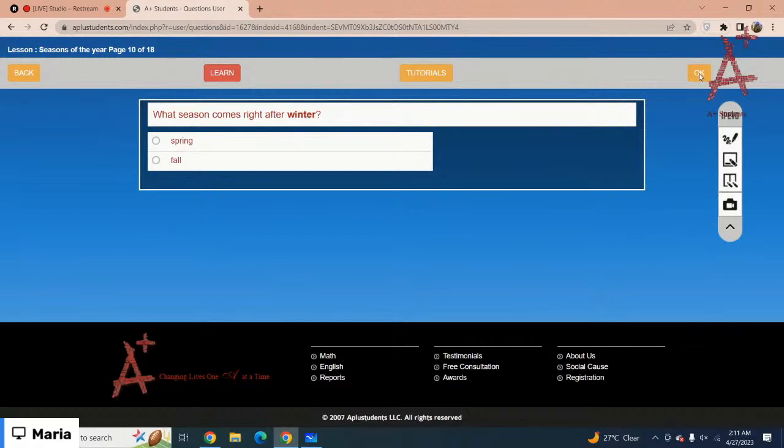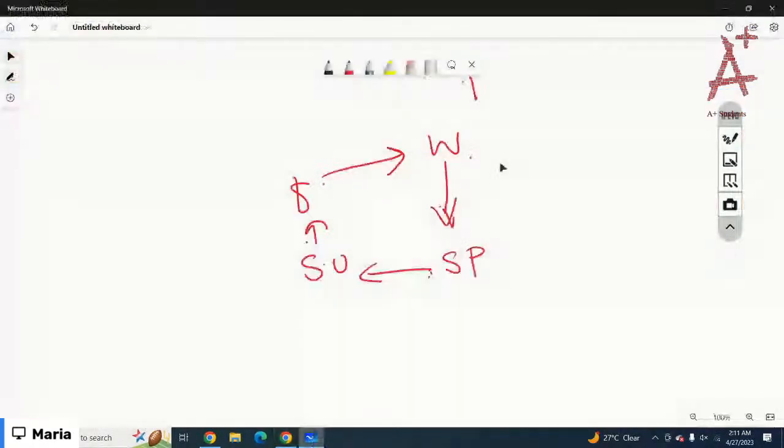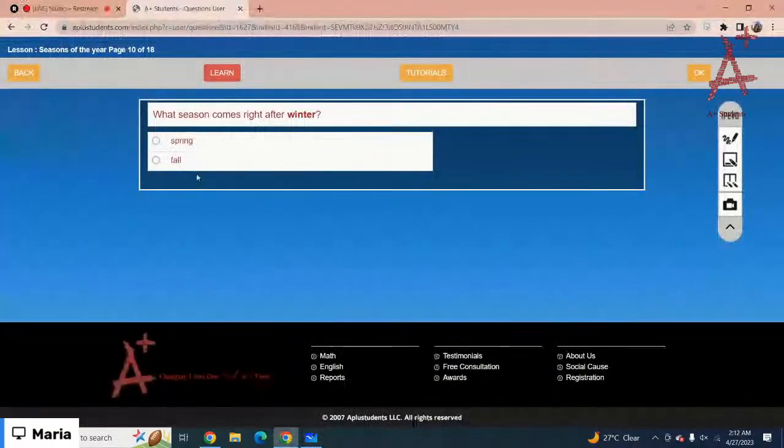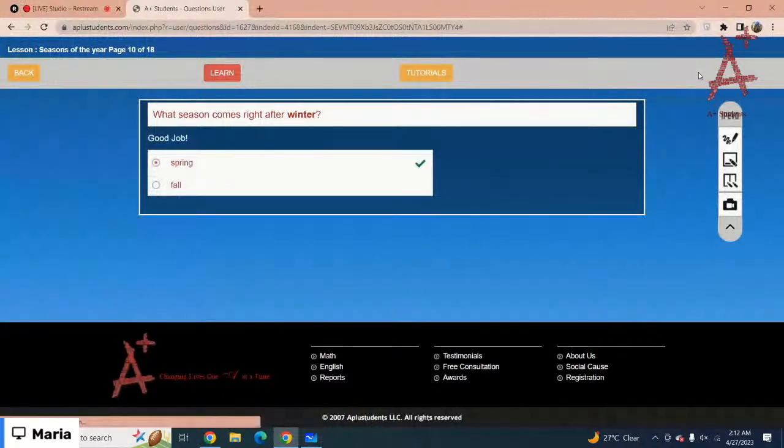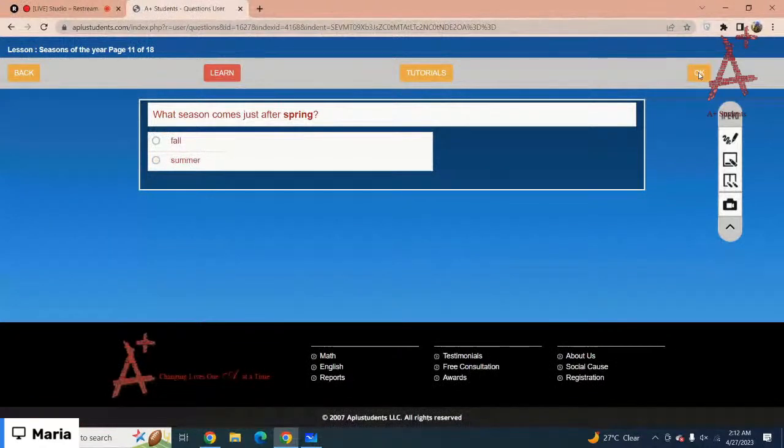Which is the correct option? After the winter, it is spring. W, S, S, F, and the first S is for spring. So right after the winter, you have spring. Got it? You can make the cycle on your notebook and then keep answering by looking at your notebook.